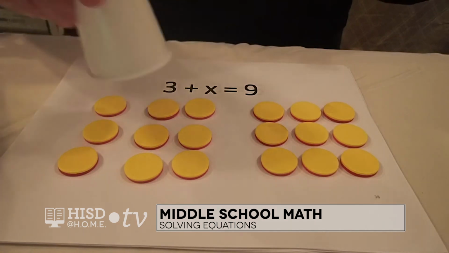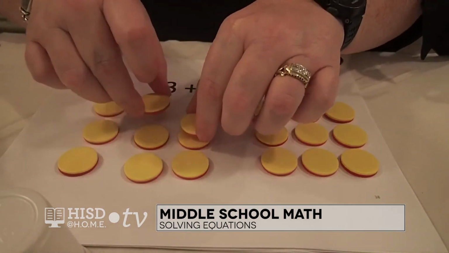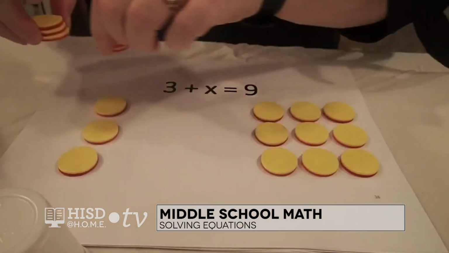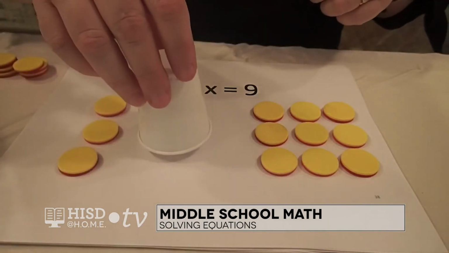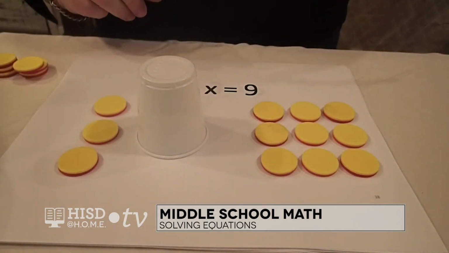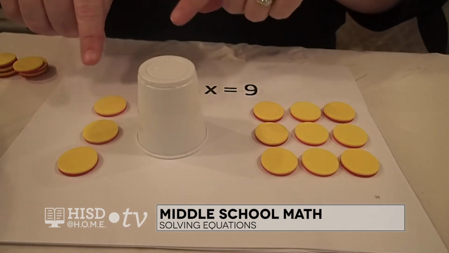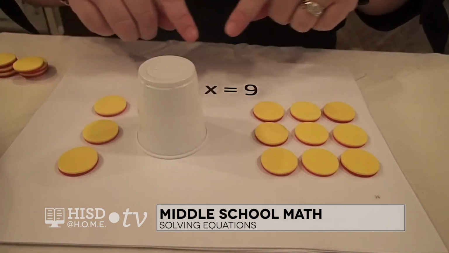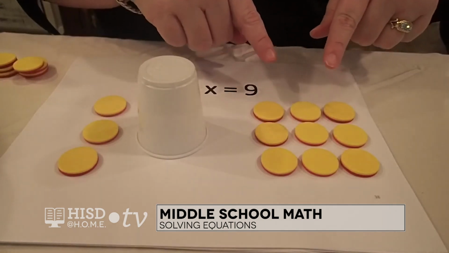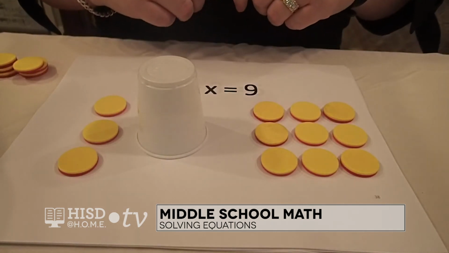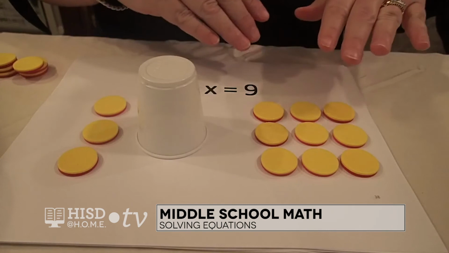Let me think about this. So one way to think about the equations is that right now, I've got some counters on this side, and I've got some counters on this side. It would be helpful if I have all of the counters on one side.